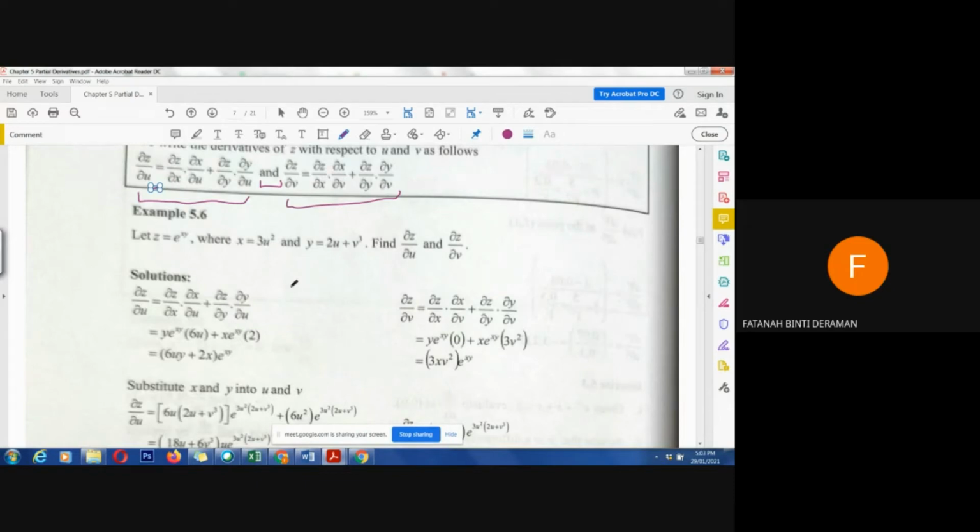So first we have dz/dx, then dx/du, and then dz/dy, then dy/du. So dz/dx: we have z equals e to the power of xy. Differentiating with respect to x, we get 1, and then we just copy. Okay, remember? Or did you not get the idea? Do you get the idea here?